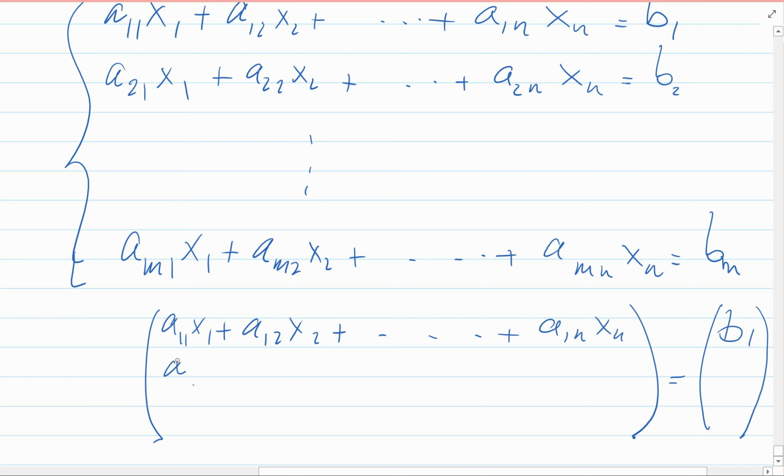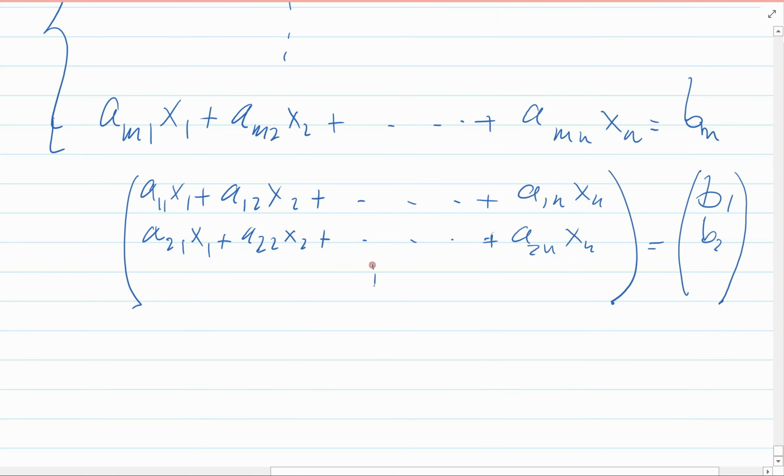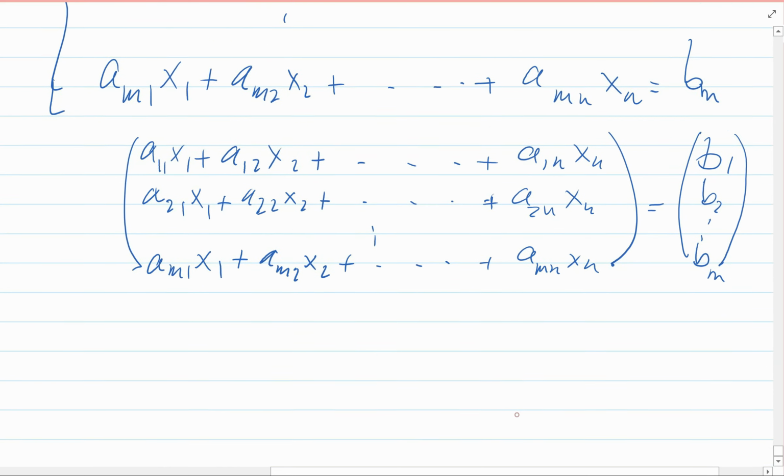Now, the second row, A21 x1, A22 x2, A2n xn equal B2. And then if we go down, the last one will be Am1 x1, Am2 x2, Amn xn equal Bm. Yes?